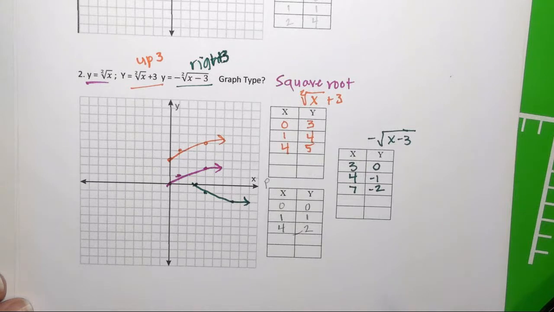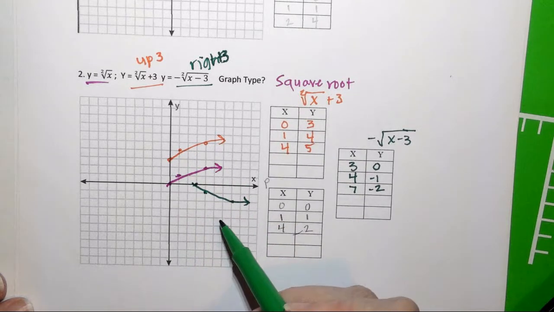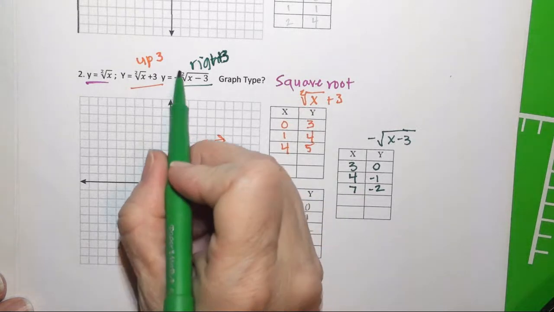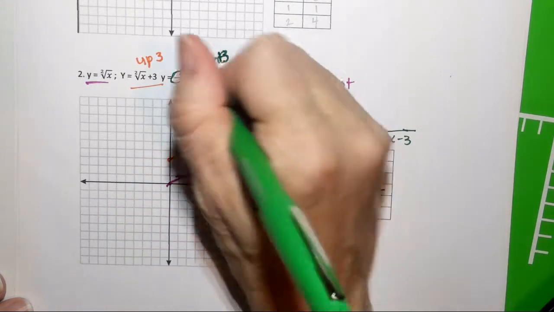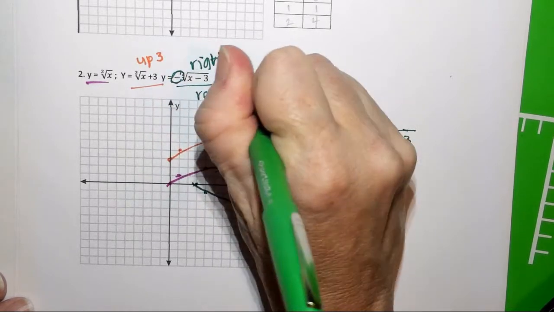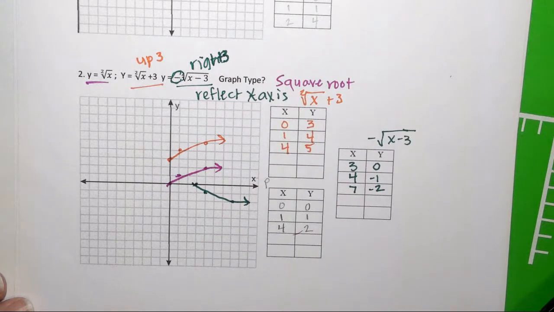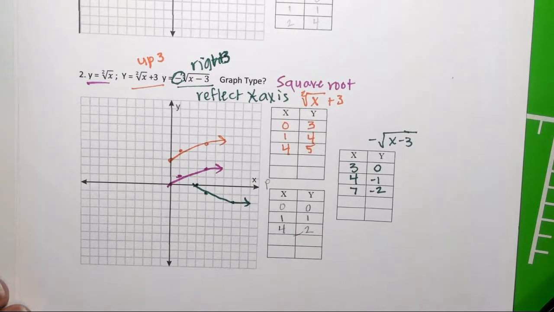And what else has happened? These two were up in quadrant 1, and this one's down in quadrant 4. That negative sign has caused it to reflect which axis? The x-axis. So we've had two transformations together in the same equation here. So sometimes we can see stuff that runs together, not just one transformation in a function.